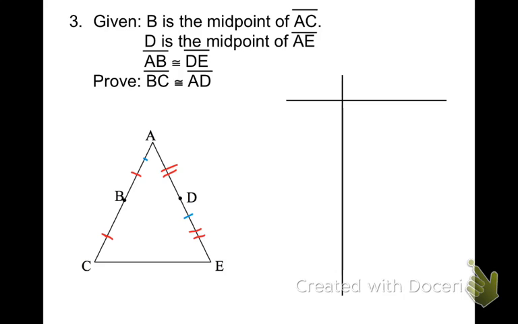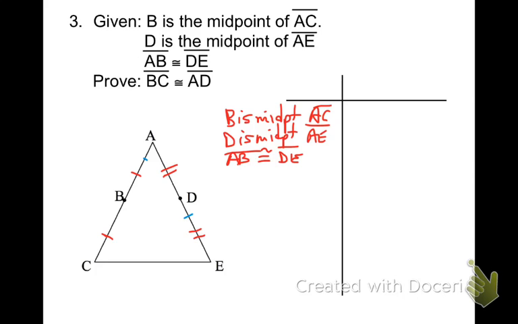So we always start with what's given. B is the midpoint of AC. D is the midpoint of AE. And AB congruent to DE. And that's given.